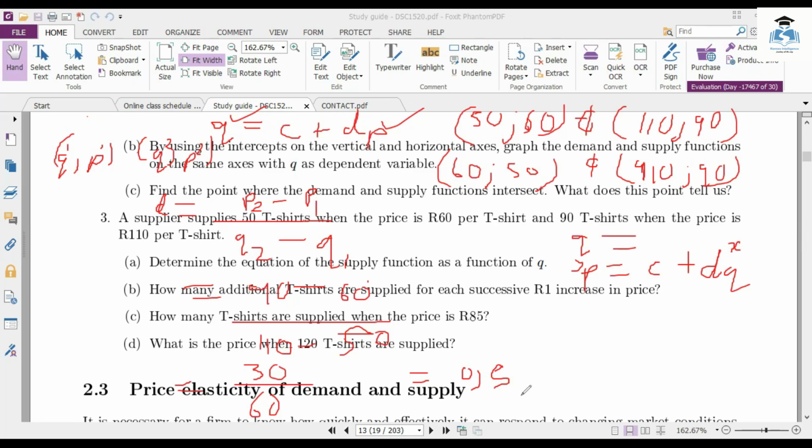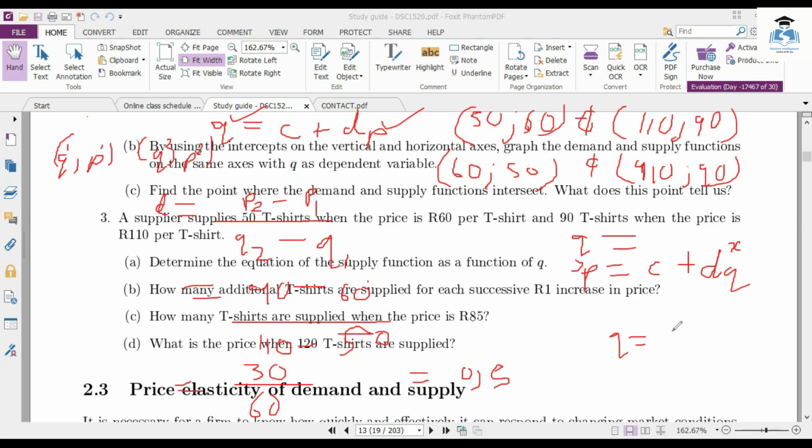Do you just move it to the other side, or do you work it out? From our original equation, Q is equal to C plus dP.